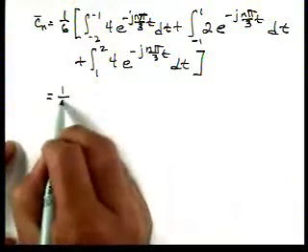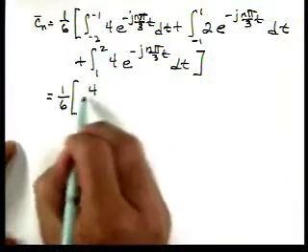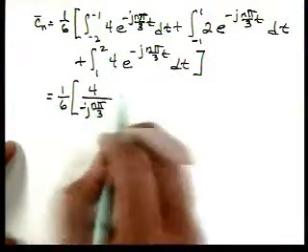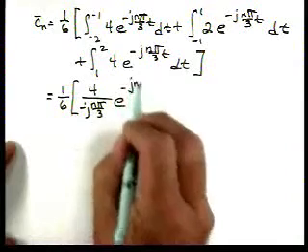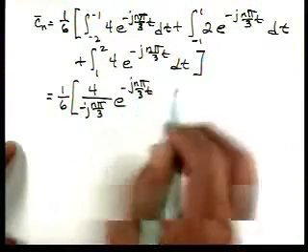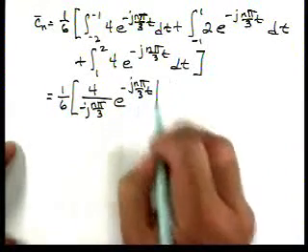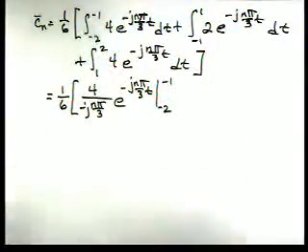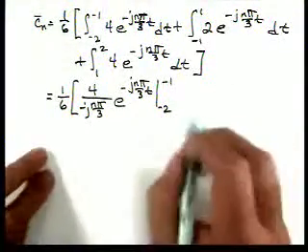So we still have 1/6. This becomes 4 over minus j n pi over 3 times e to the minus j n pi over 3 t, evaluated from minus 2 to minus 1. So there's the first term.